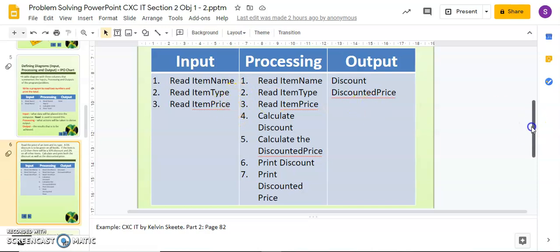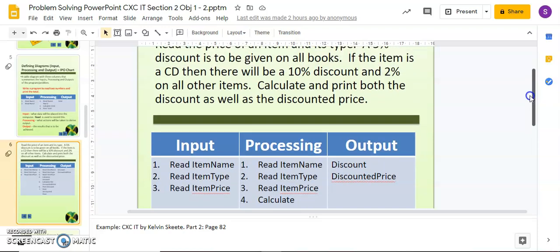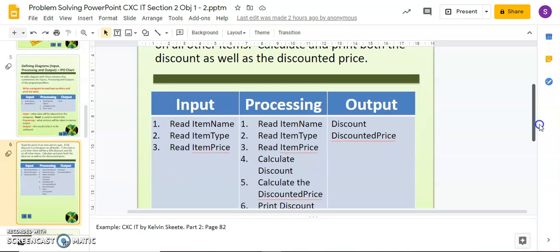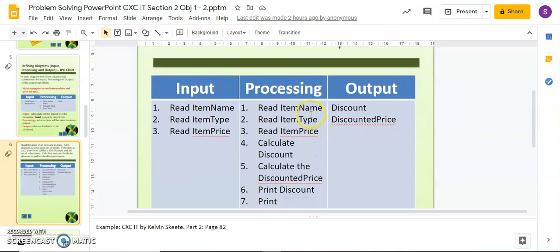So the first thing we would do in terms of this question is to tell the computer to read the item name, the item type and the item price. After which it will be processed, by reading the three items: the item name, type, price.